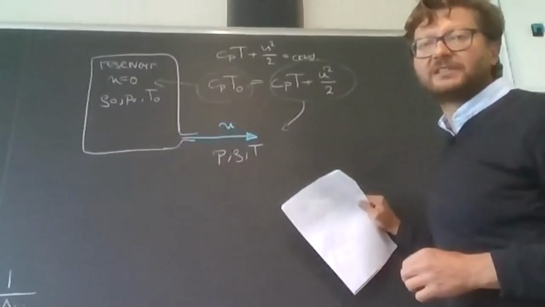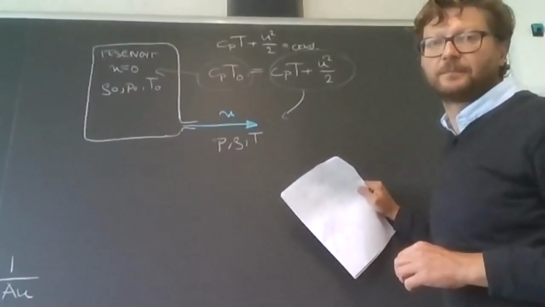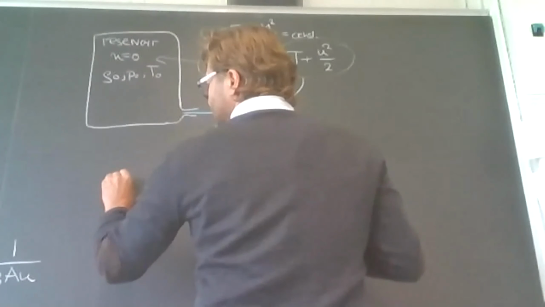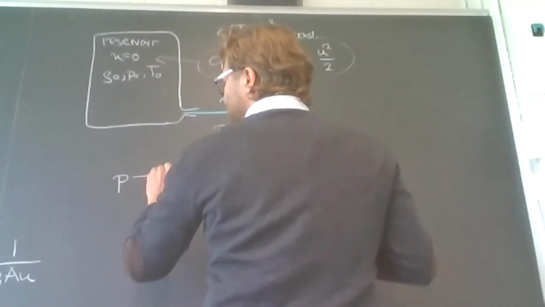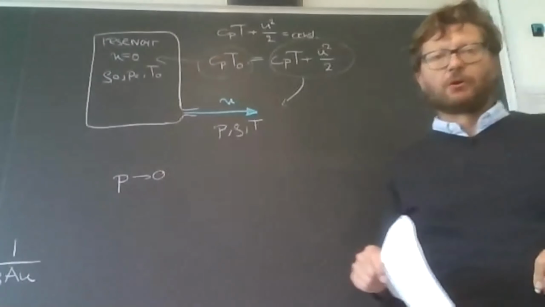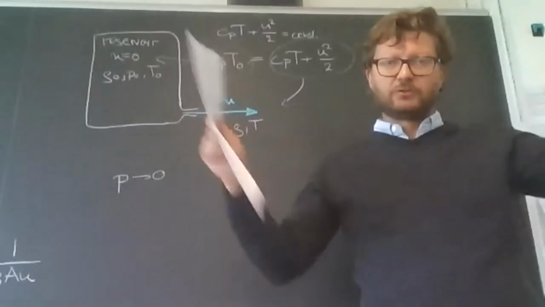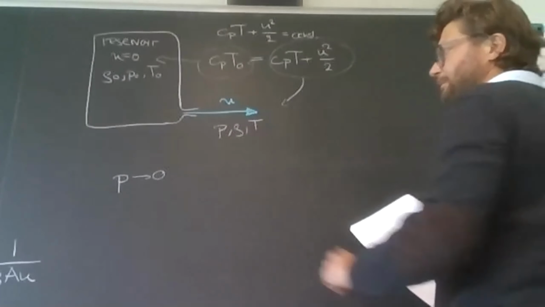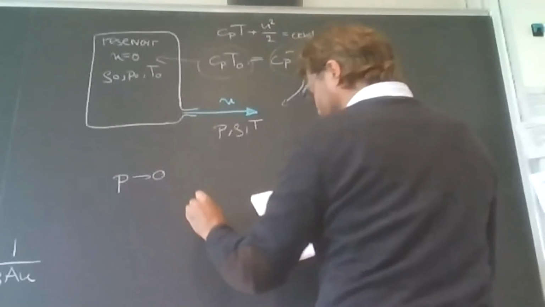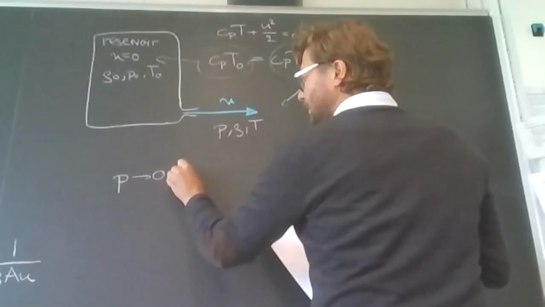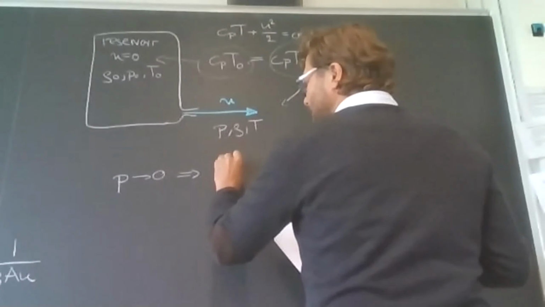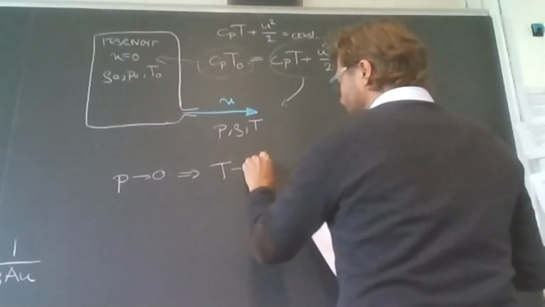Now let's go to an extreme case. Let's say the pressure P is almost 0. If we go to space, it tends very much to 0. From the perfect gas law, we know that if the pressure goes to 0, also the temperature will go to 0.